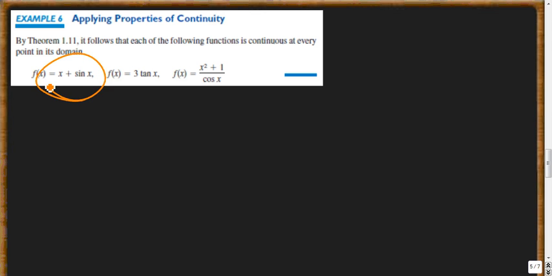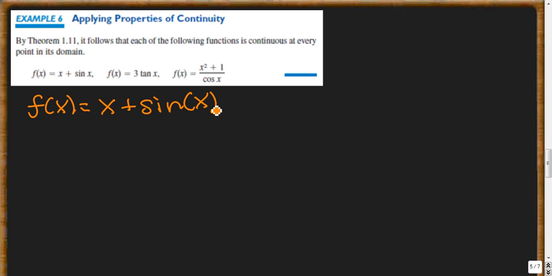Now if we look at f of x equals x plus sine of x, we can look at each part and say, is that function discontinuous? Because if any part is discontinuous, then it affects the whole graph. Well, x is continuous, sine of x is continuous, so this is continuous everywhere.